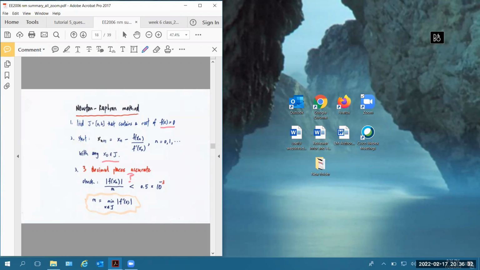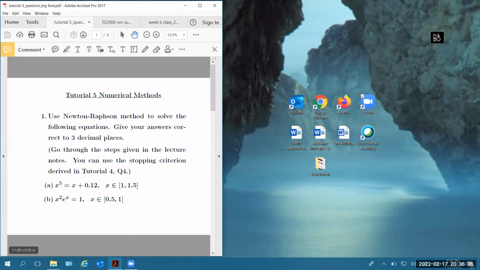Okay, so let's go to our tutorial. Let's look at our tutorial question here. We want to use the Newton-Raphson method to solve equations A and B here, and give our answers correct to 3 decimal places.